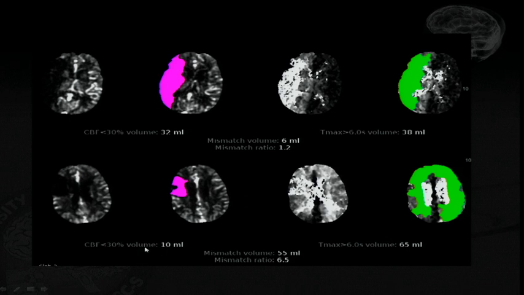In this case, core was 10, Tmax more than 6 is 65, which is not true because it's getting this motion from the left side, okay? But if you eyeball it, it's still much bigger. This side is much bigger than this. So this is not correct, but still you get this nice green map that tells you that it's about twice the pink map.